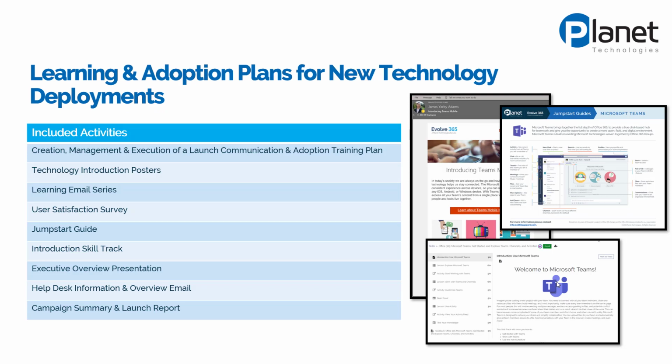Just to give you a little bit of an idea of one of our service offerings, we do offer learning and adoption plans for new technology deployments. These are extremely helpful for communicating to your users about a new technology rollout. What's great about these is that we're there with you from the planning stage.